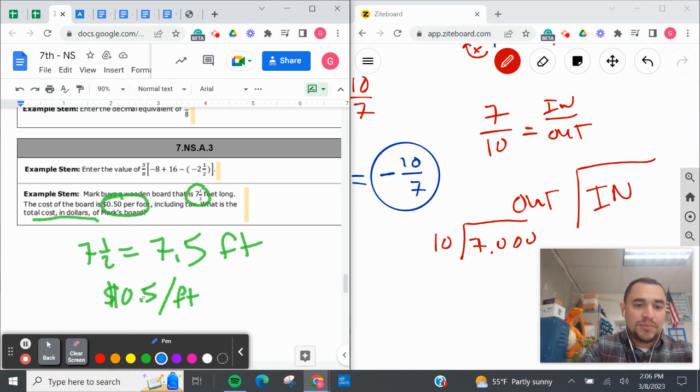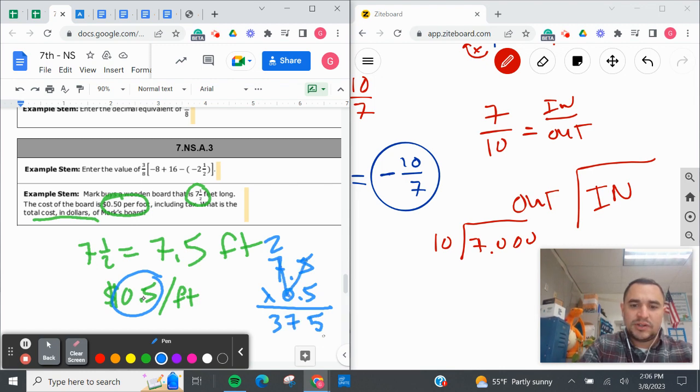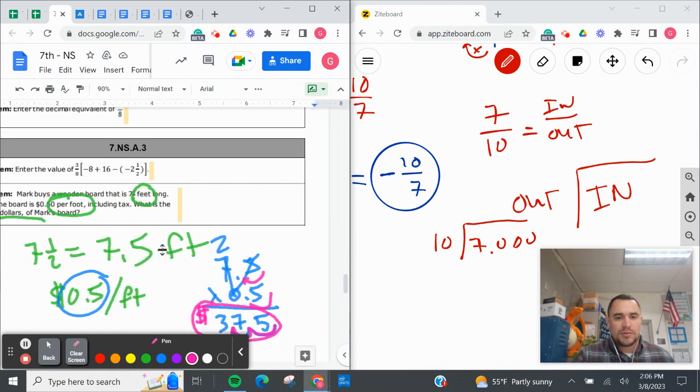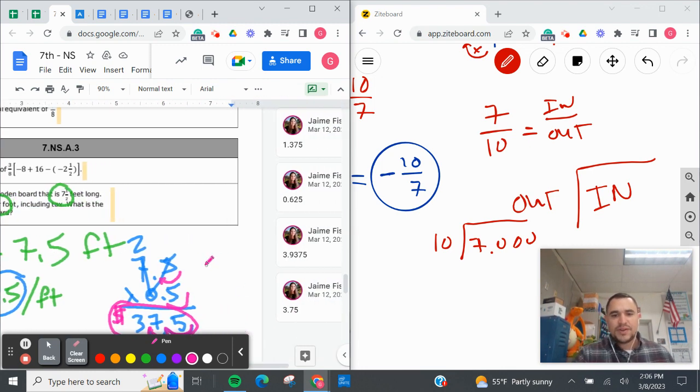So all I'm going to do is see, well, if it's 50 cents per foot, how much does it cost? 7.5 times 0.5. 7 times 5 is 35, 36, 37. So 1, 2 decimal places, because there's 1 here, 1 here. So 1, 2. Your answer should be $3.75 for Mark's board. And there's a 375.